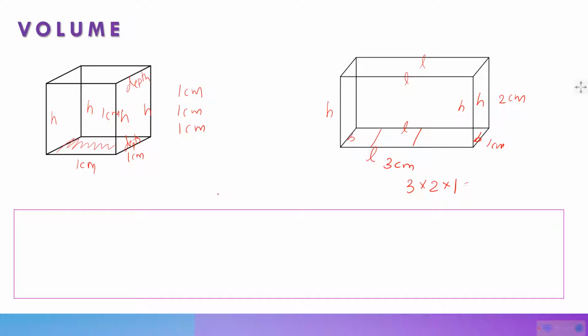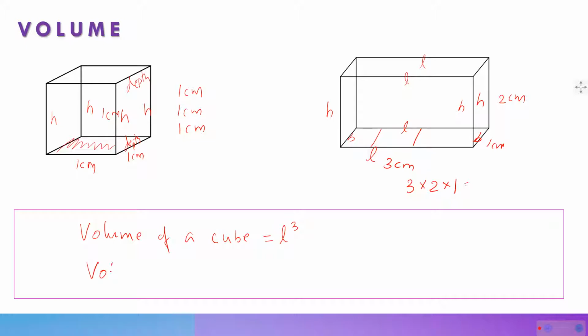So in the case of a cube, the volume of a cube can be calculated by multiplying length into breadth into height of that cube. But in the case of a cube, all are equal, so we will write L cube, or side to the power of 3.